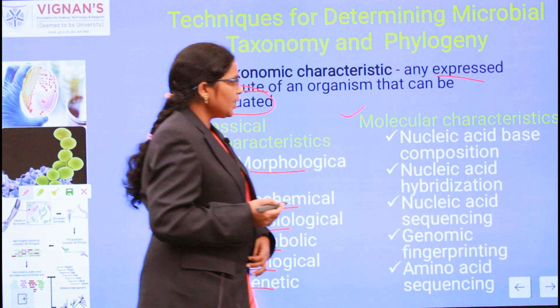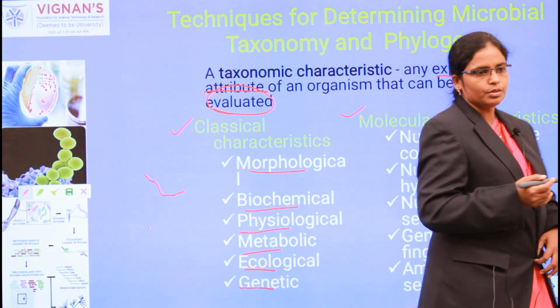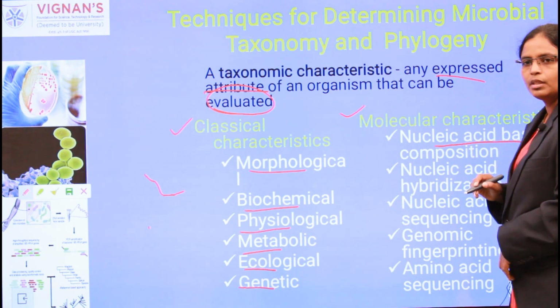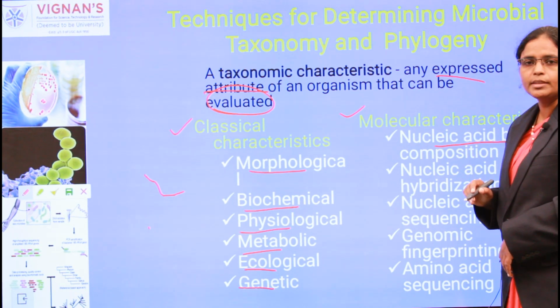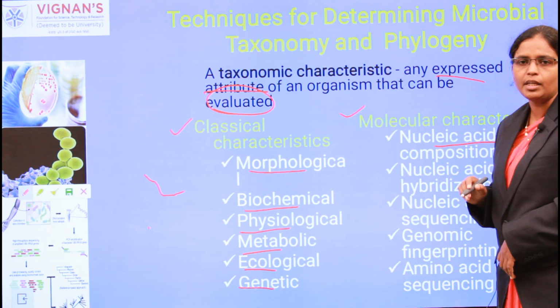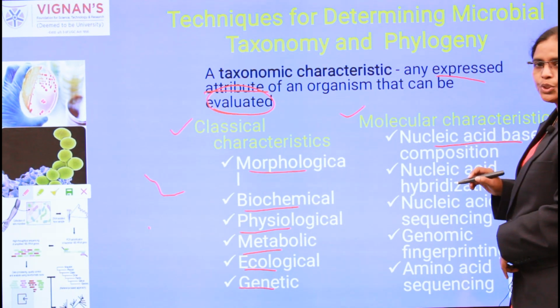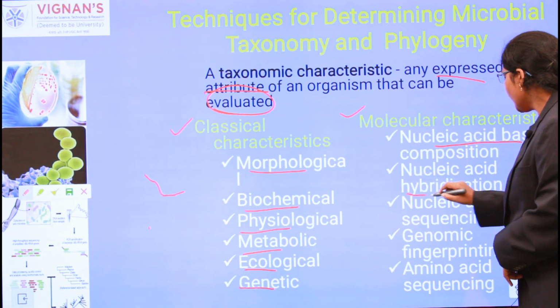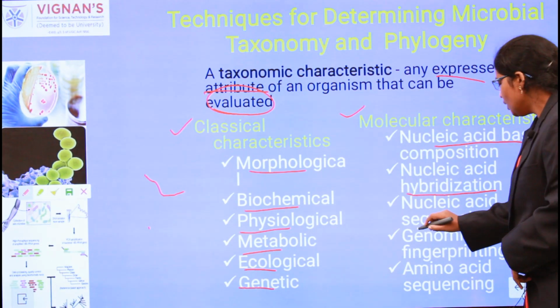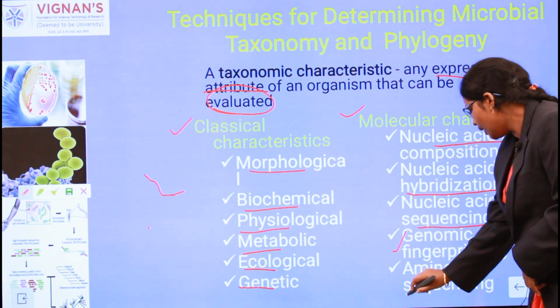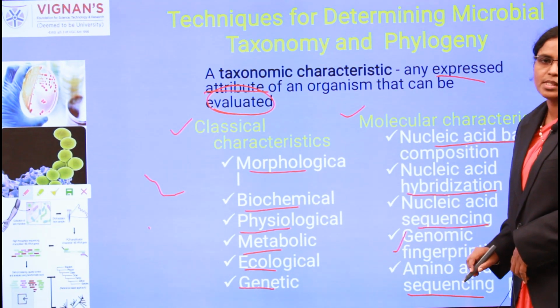And next, if you see the molecular characteristic features, it's related to nucleic acid base composition. So we all know that nucleic acids are the genetic material, DNA, RNA. So what is the nucleic acid base composition? And next, nucleic acid hybridization, nucleic acid sequencing, genome fingerprinting and amino acid sequencing.